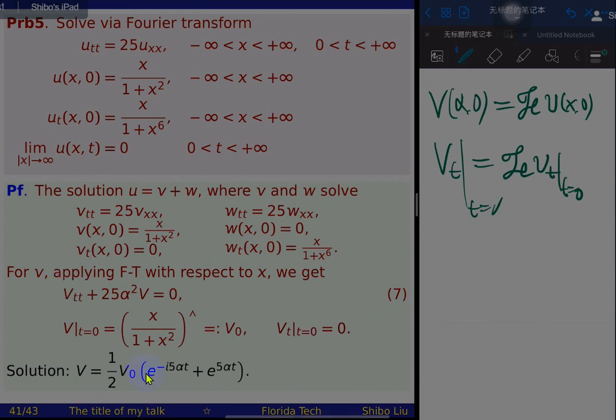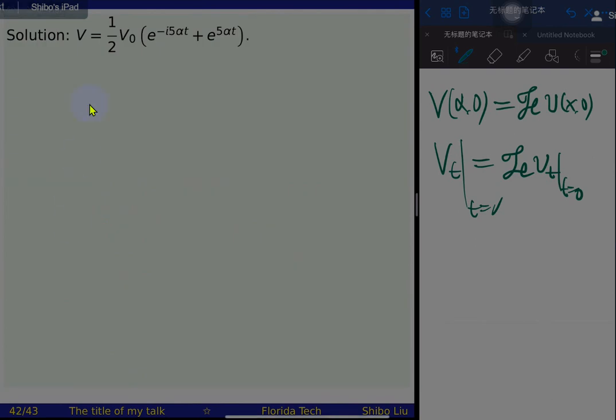Now we use the complex exponential function to express the solution of this problem. Otherwise, we could not compute the Fourier inverse transform. Therefore, we use the complex function. Now, to continue our computation, I copied this result to the next page. Okay, capital V is given here.